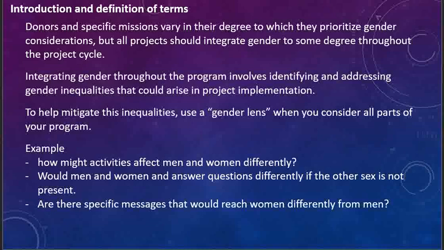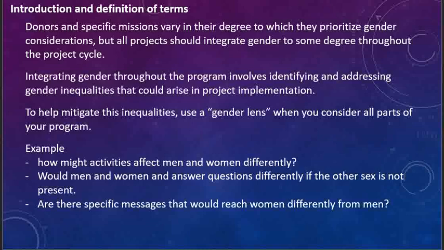To help mitigate inequalities in gender, we are going to use a gender lens, that is, deeply investigate the gender issues when you consider all parts of your project. For example, how might activities affect men and women differently?